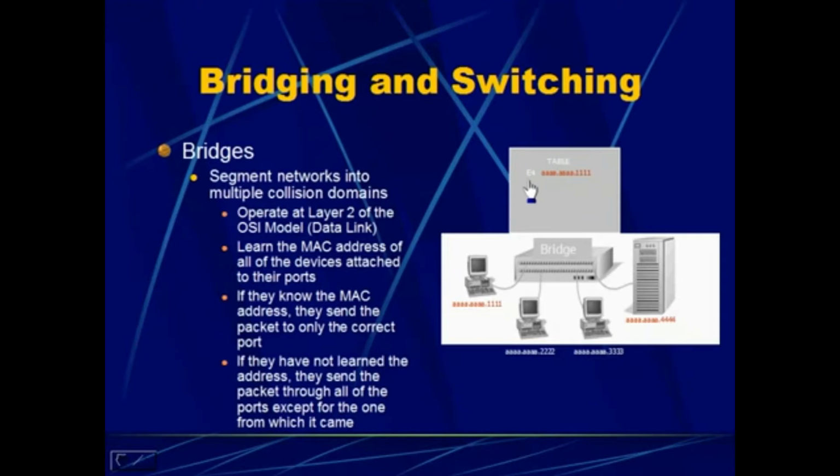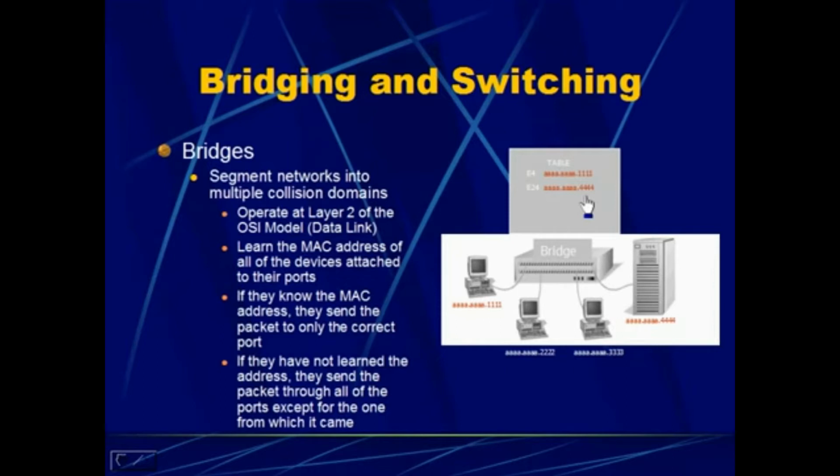It's going to send that packet straight out its E4 port, and it's not going to bother any of these other segments. But before it sends it, it's going to add E24, the port that it came in, and then the MAC address of the server that sent it.